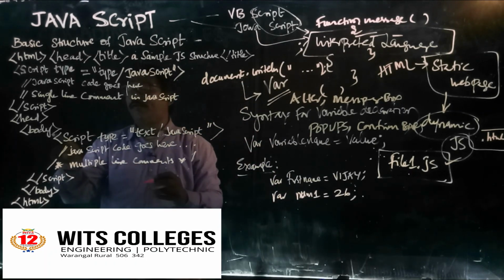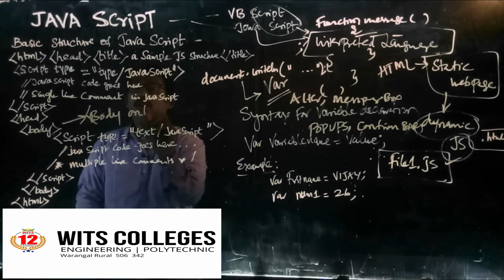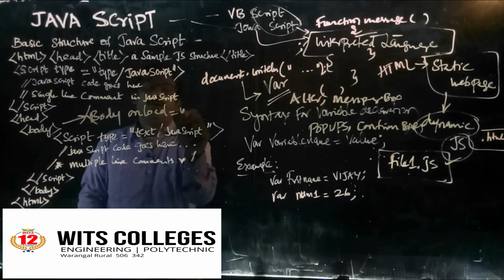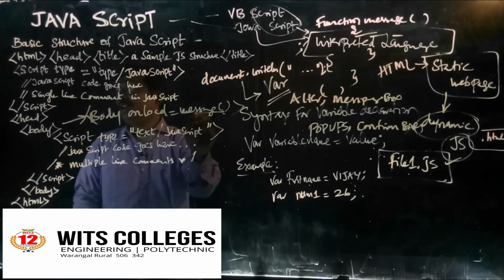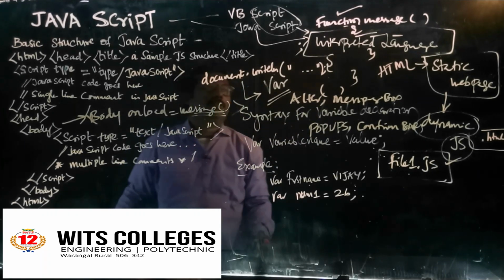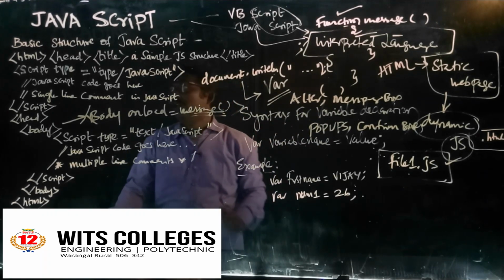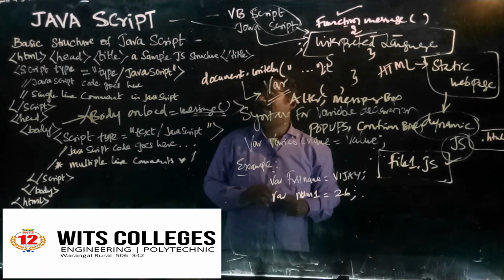After body, you give onload equal to message. This message you can define in the function message, and you call it here. So these are all the facilities of JavaScript.